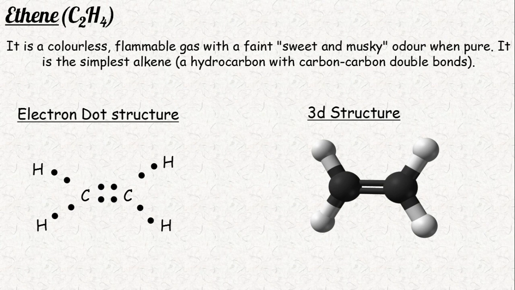This is the electron dot structure, with Lewis dot symbols, of ethene. There are 2 carbons and 4 hydrogens, and the 4 dots between the carbons represent the double bond of carbon with each other, with hydrogens on the four sides. Beside it is the 3D structure of ethene.